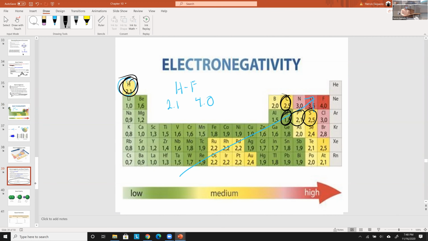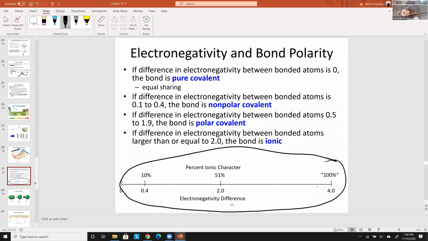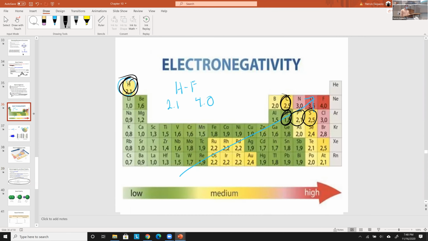So if the difference is actually 0, here's the key thing, and this is what gets a little bit confusing: even if the numbers are identical, such as phosphorus and hydrogen, they both have 2.1, that is not considered pure covalent because the sizes of them are different. Phosphorus is a lot bigger than hydrogen. So there will be a tiny partial charge distribution towards the phosphorus, but it'll be very, very small.